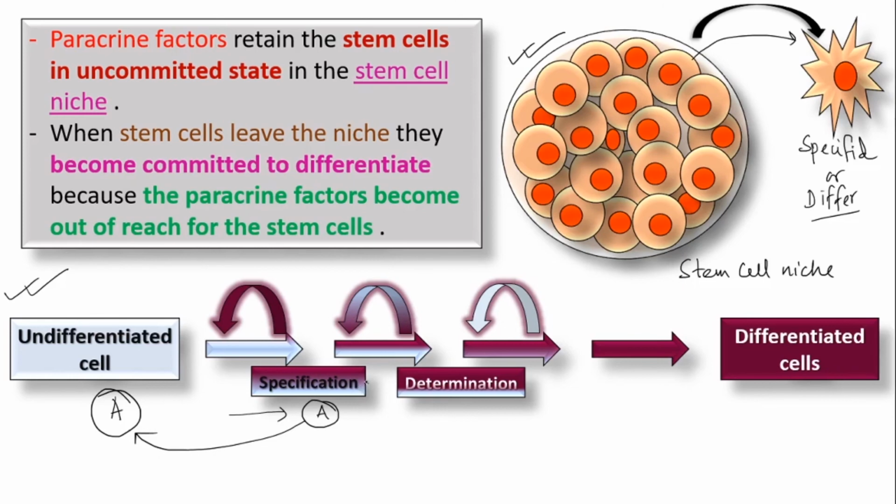Next, it steps forward towards determination, and once a cell is determined, it cannot go backward to its undifferentiated nature. Once a cell is determined to its final fate, it progresses towards differentiation and forms differentiated cell types.